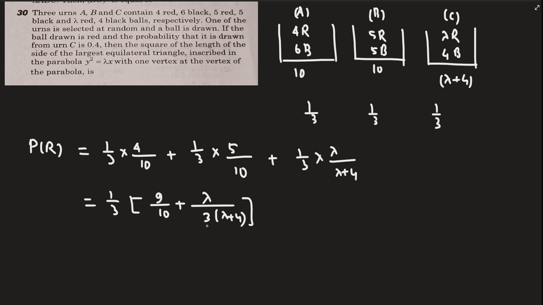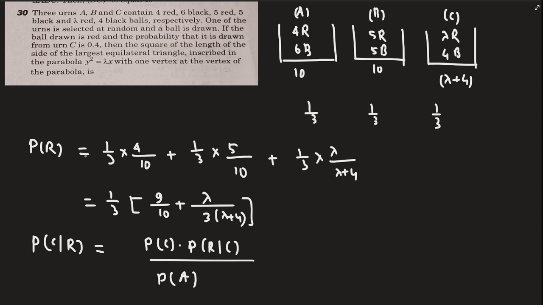If one ball is drawn and that is red, the probability that it is drawn from urn C is 0.4. So that means the probability of urn C given that the chosen ball is red, by Bayes theorem, is the probability of choosing the third urn into the probability of a red ball from the third urn, divided by the total probability of R, the red ball.